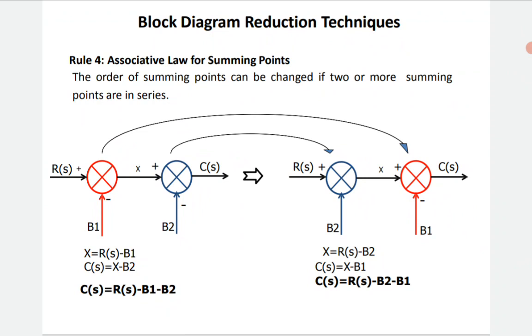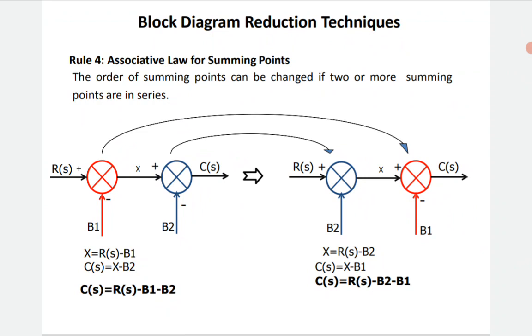Here I will start from the blue color summing point. That means I am shifting the summing point. The blue color summing point is shifted ahead of the red color summing point. The rest of the things, the inputs and outputs, remain the same. R of S is fed directly to the blue color summing point with B2, obviously the gain is negative. That generates X equal to R of S minus B2.